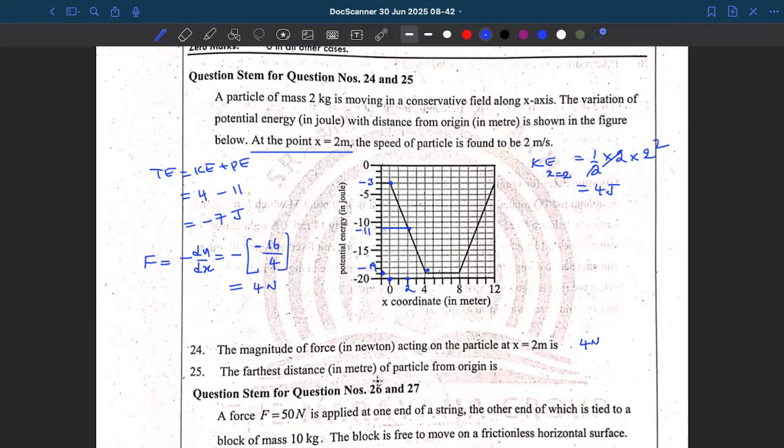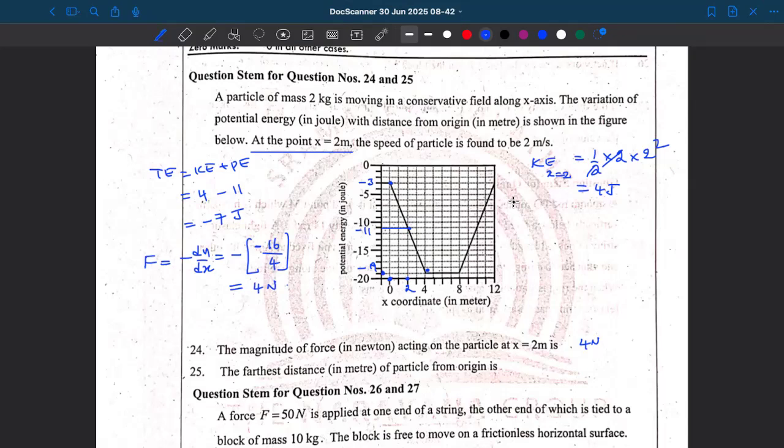The farthest distance in meters of the particle from the origin is? Total energy, you said, is minus 7 joules. So the farthest point of the particle from the origin is?